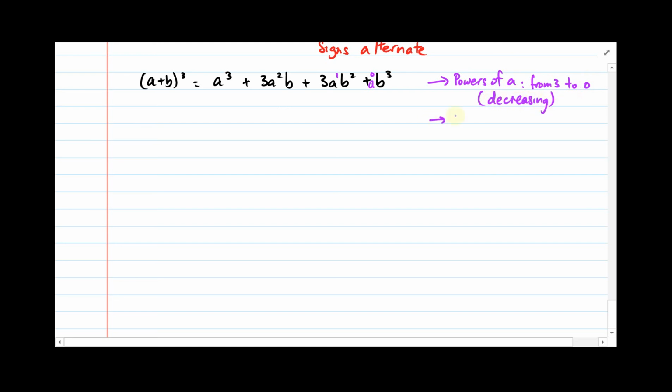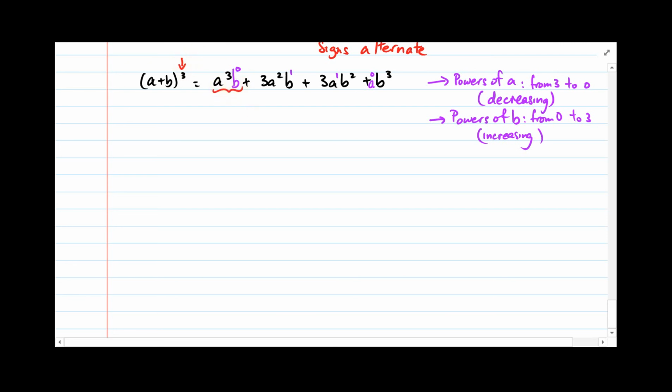Let's look at the second variable, the powers of b. Although you only see it from 1, 2, and 3, there really is a b to the 0 here. So it's actually increasing from 0 to 3. Now, the power here is 3.